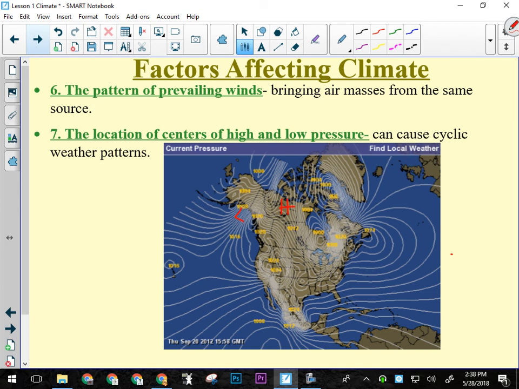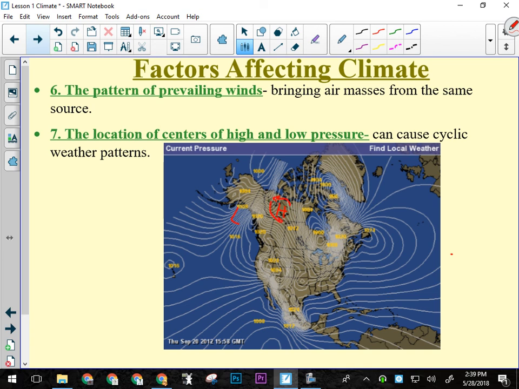Now, the interaction of these two things causes, like we said, this area to be very wet and this area to be very dry. But there's a problem. These two pressure differences can cause systems to move off of them. Circulation around a high is counterclockwise. I always get that backwards. Maybe it's not.